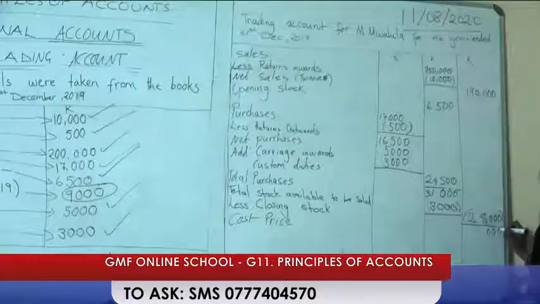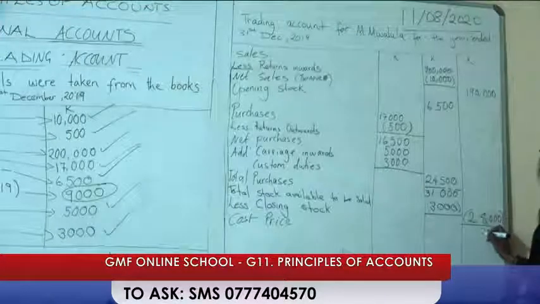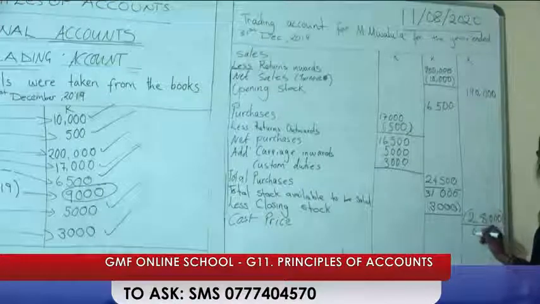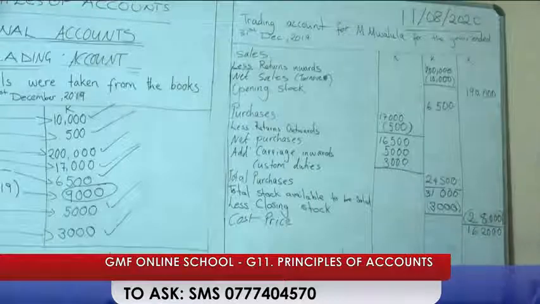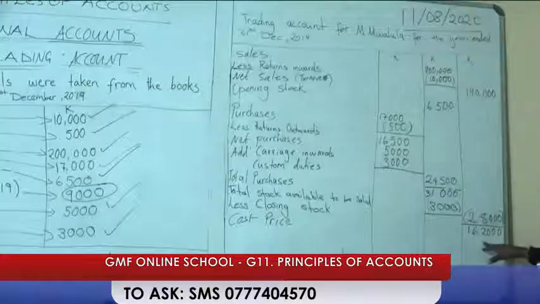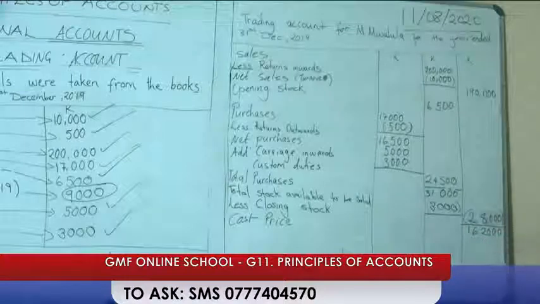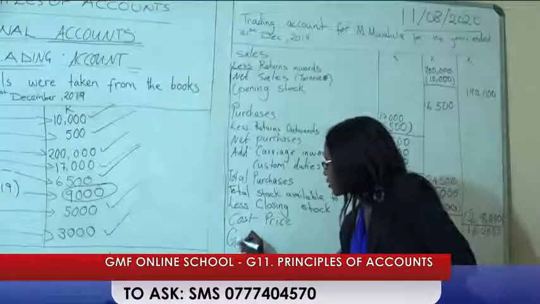When you subtract that, we say 2, 6. So we're going to get 162,000 as our gross profit.